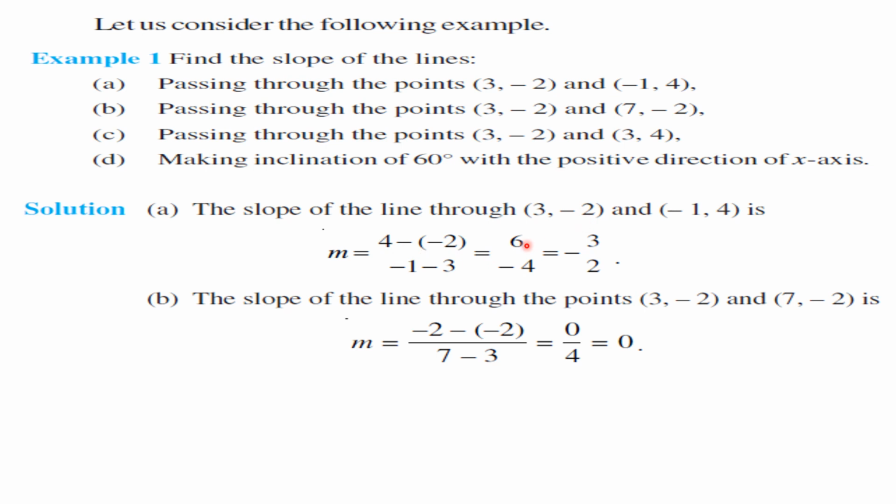So y2 minus y1, 4 minus of minus 2. What you get here? 6 by x2 minus x1, -1 minus 3. What will you get here? -4. That is equal to 6 by -4.